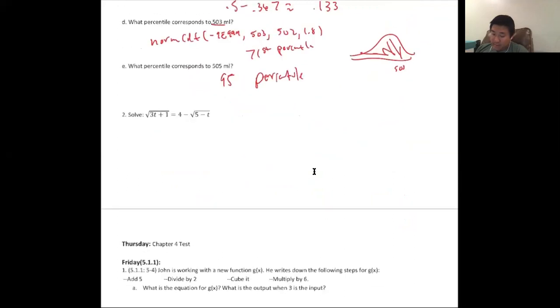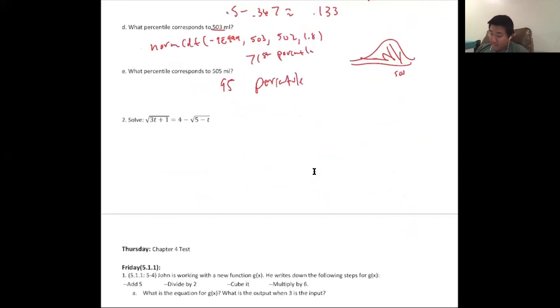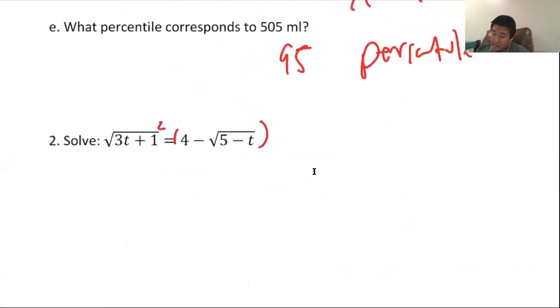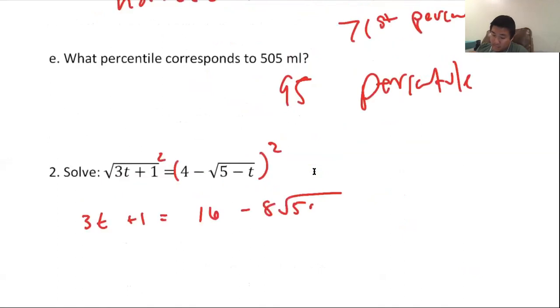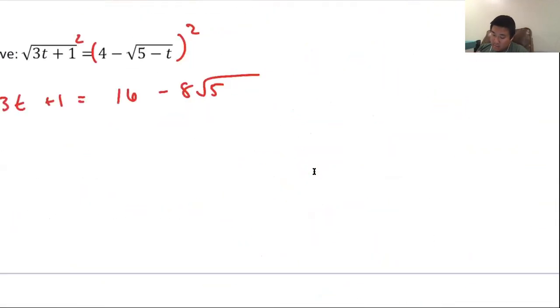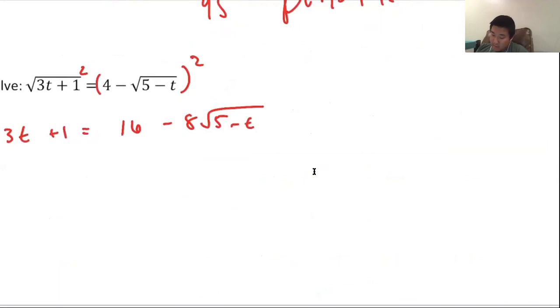I don't want to solve this one. So I'm going to square this and square this. We got 3t plus 1 equals 16 minus 8 square root 5 minus t plus 5 minus t.